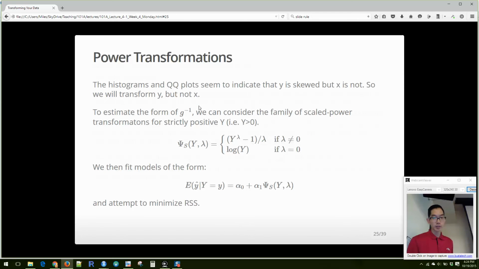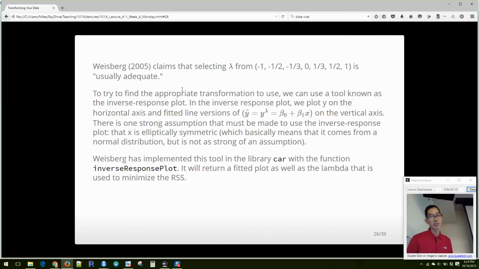Another textbook, Weisberg, says that we can just look at different powers of lambda from -1 to 1, and we just try a few of these. He says that's usually good enough. If you want, you can try some more power transformations in between, or whatever you really want to do.